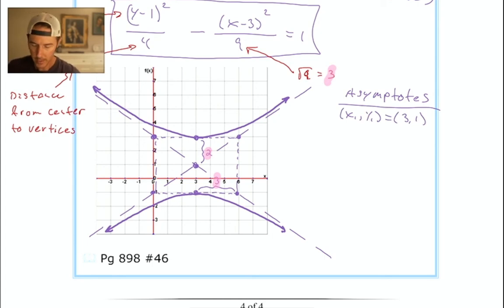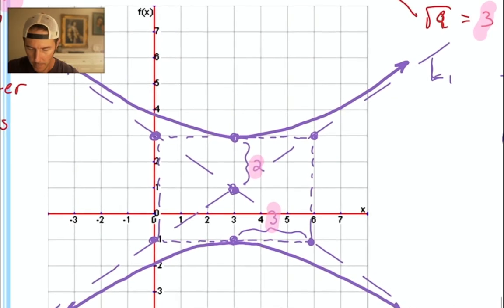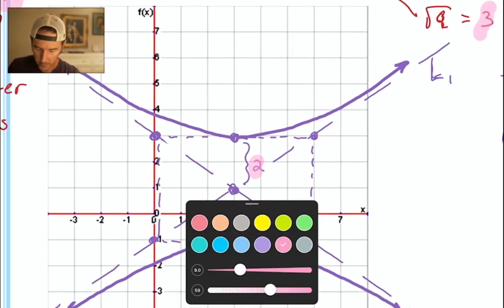Perfect. And I might label these asymptotes. Let's label the bottom one L2 for line 2, and the one that goes up and to the right will be L1. And the slope of line 1 will be m1, and m1 is equal to, remember, slope is still equal to rise over run. That hasn't changed.